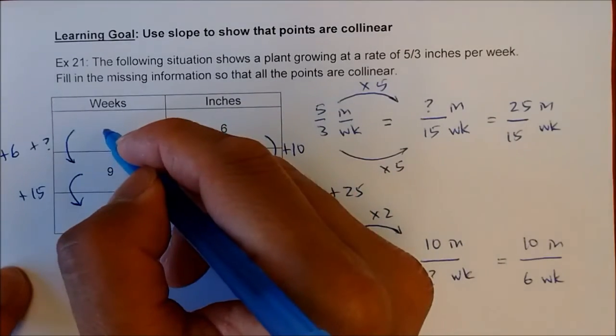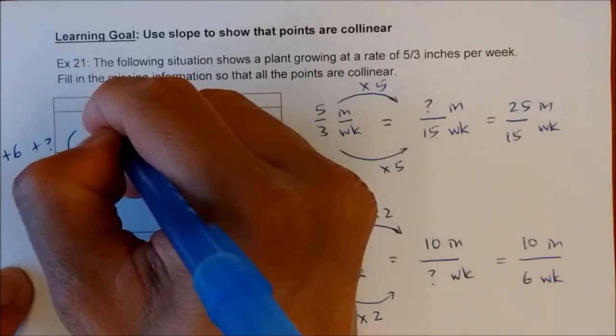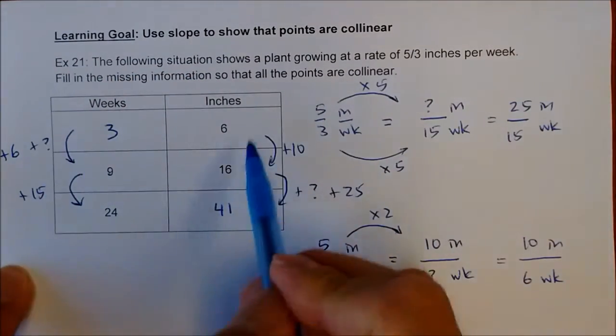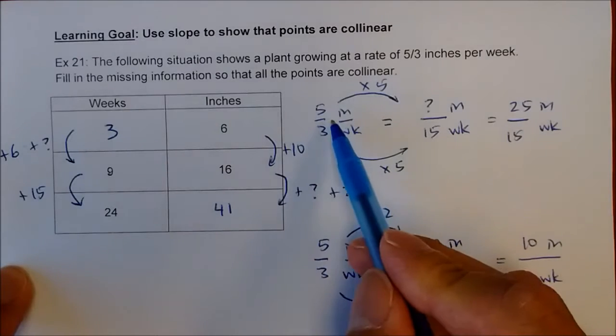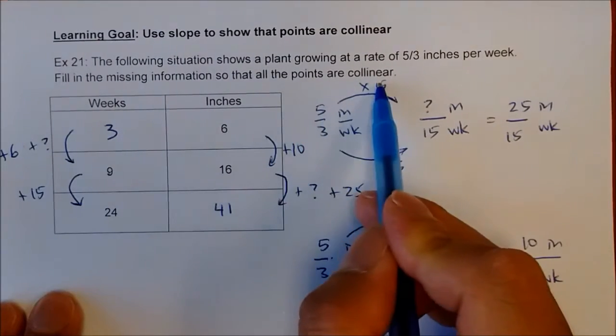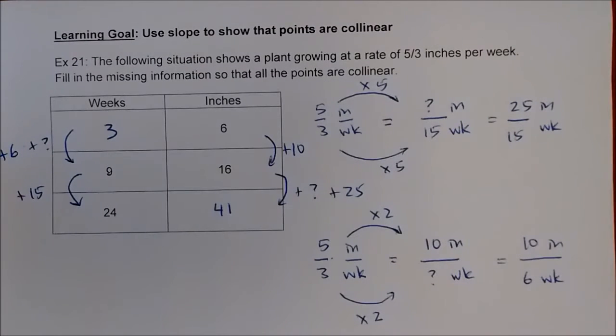So the question is, what number of weeks plus 6 will get us 9? Well, that is 3. So that completes the table of values, and because we made them all the same unit rate, we can be sure that all the points are collinear. So again, go ahead and pause the video and discuss what you learned from this example with your neighbor.